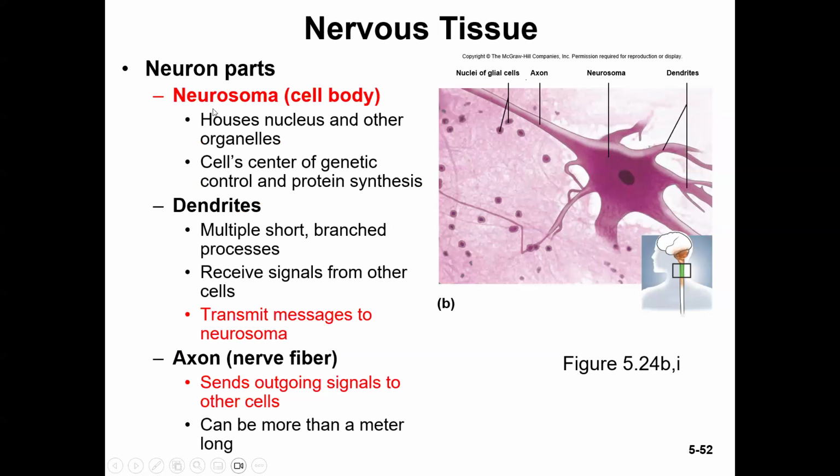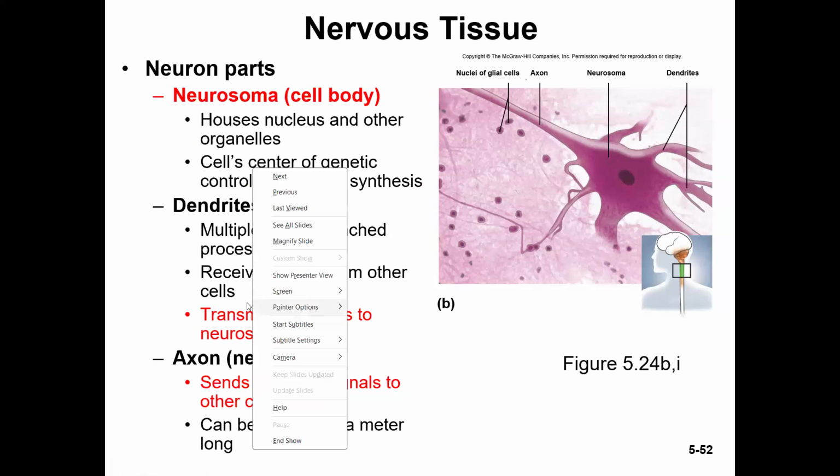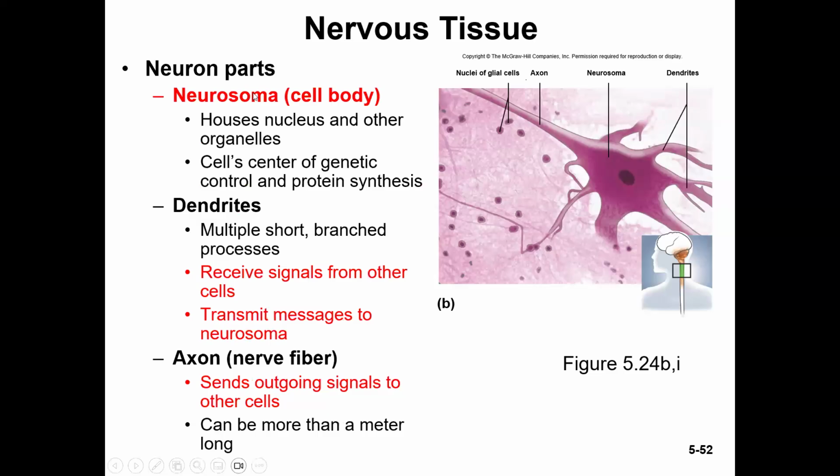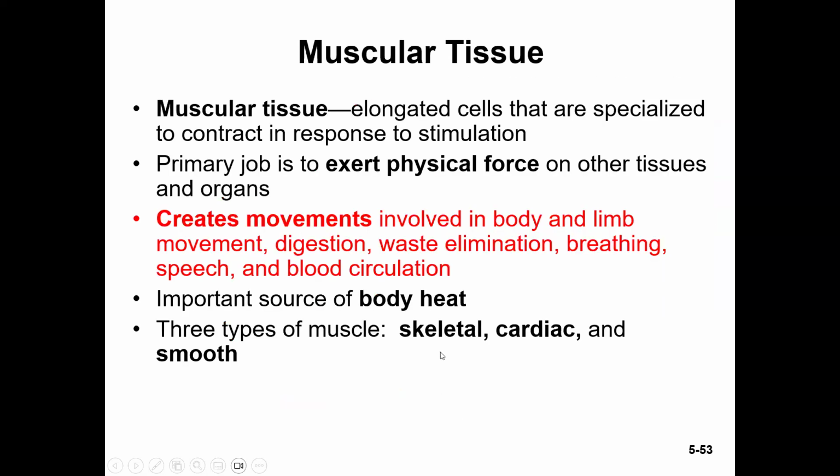Dendrites, right? Multiple short branches, they receive signals from other cells as part of the pathway. They transmit the action potential to the cell body or neurosoma, and then eventually, if there's enough stimulus, we're going to trigger another action potential from this neuron down its axon, so then we can complete the circuit as part of our pathway.